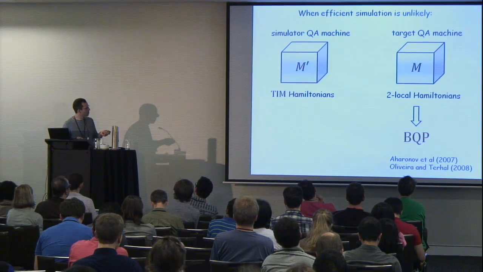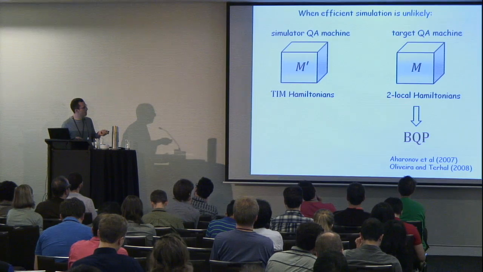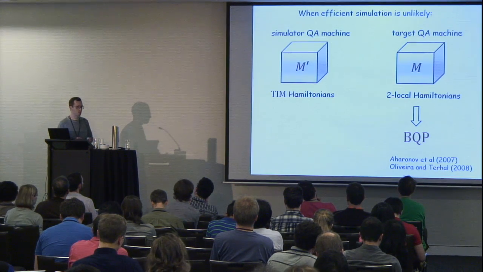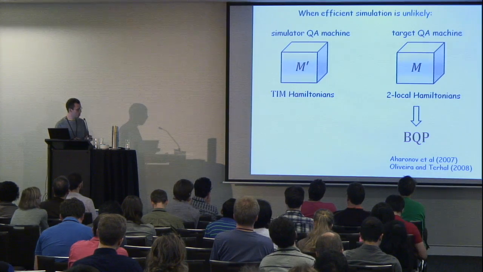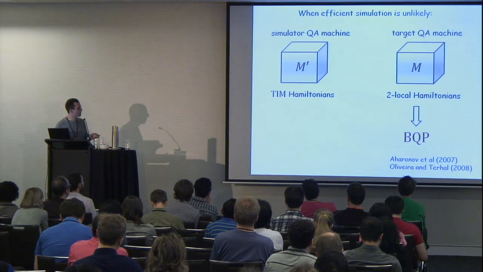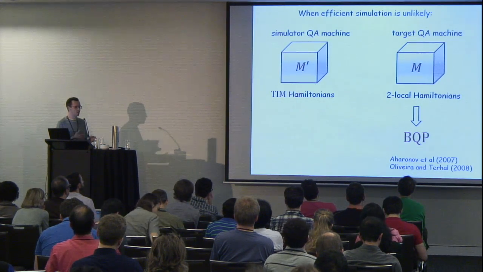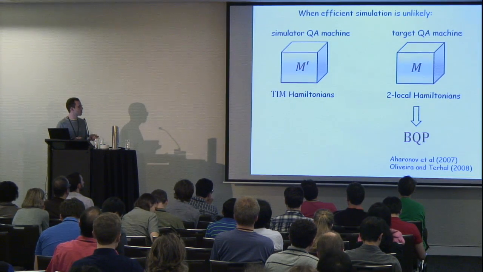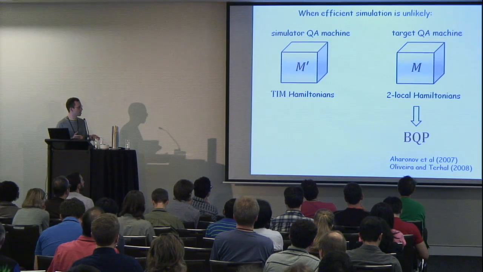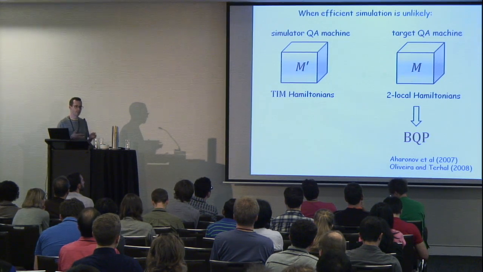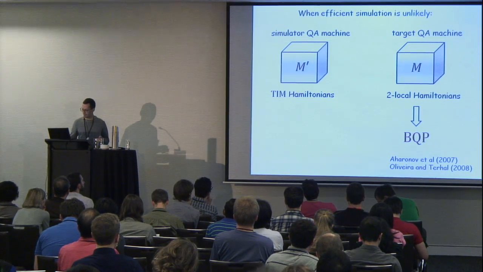Here it's known that quantum adiabatic algorithms using two local Hamiltonians can perform universal quantum computation. Here we're talking about quantum annealing, where the interpolating Hamiltonian is two local, but the final Hamiltonian is restricted to be classical. So this result doesn't, strictly speaking, apply, but maybe we can still take it as evidence.